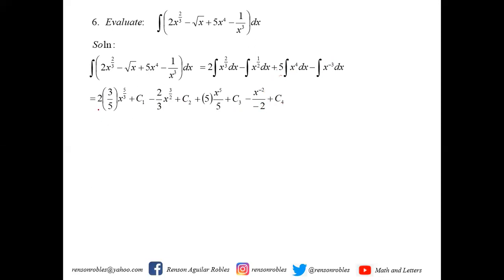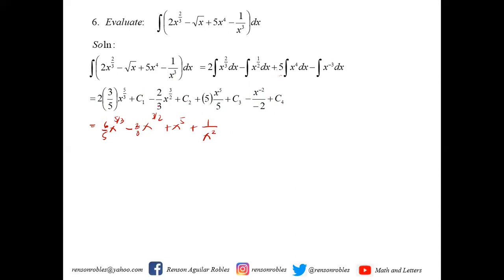Then to simplify, you have here 2 times 3/5 is 6 over 5, x raised to 5/3, and then -2/3 x raised to 3/2, and then we have 5 over 5, that can be dropped off. So you have x raised to 5, then minus, this is another minus, so plus 1 over, and then since this is expressed with a negative power, I will just write it on the denominator, x squared.